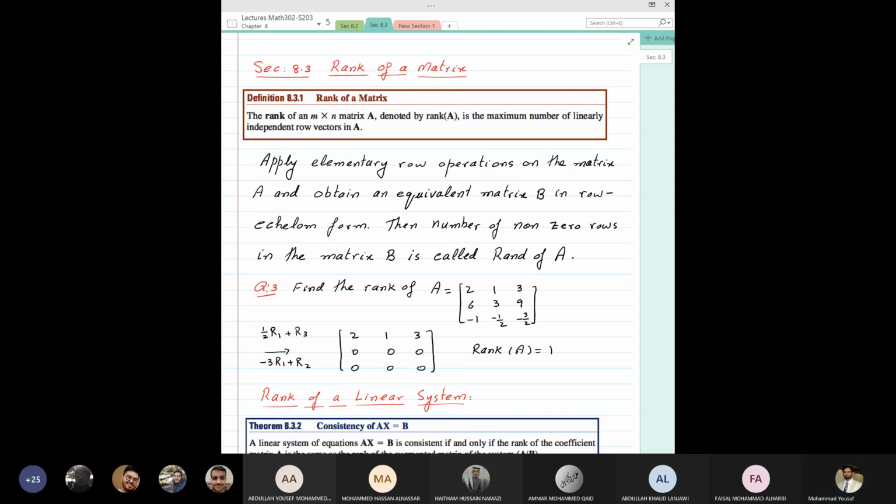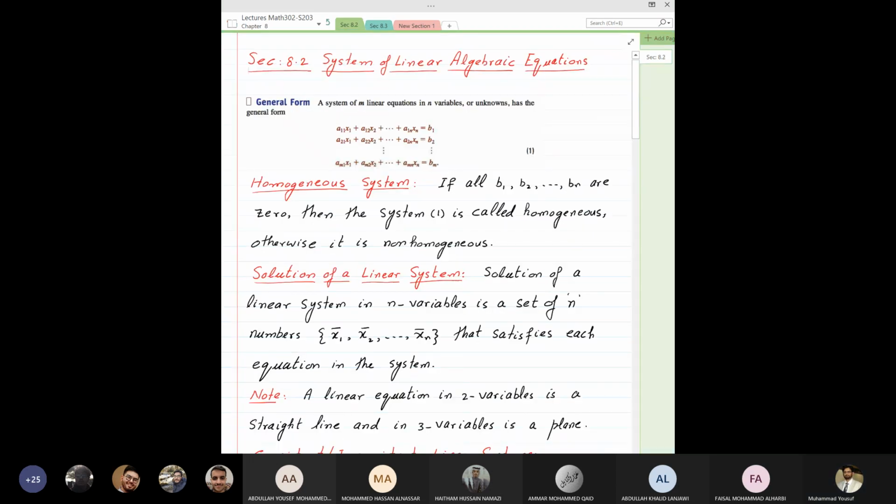Now, how to get this rank? This is the definition. Apply elementary row operations on the matrix A and obtain an equivalent matrix B. Like in the previous exercise, let me show you that.